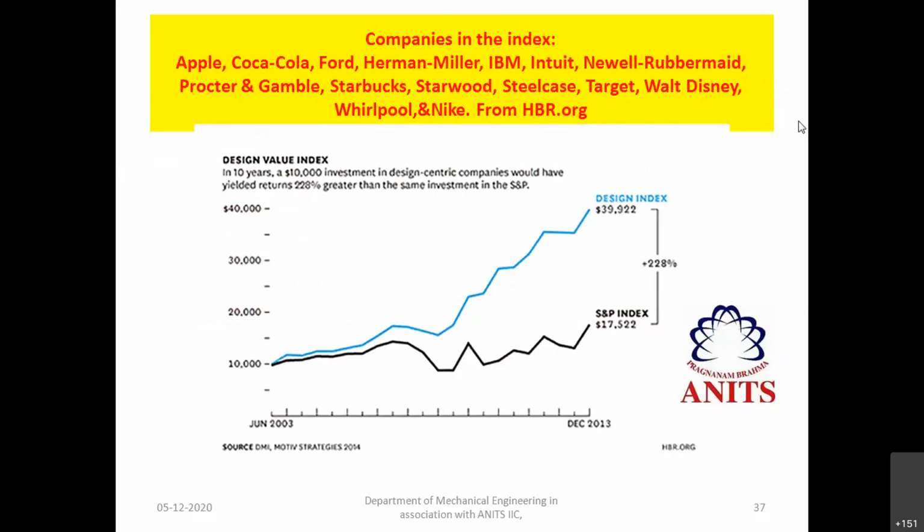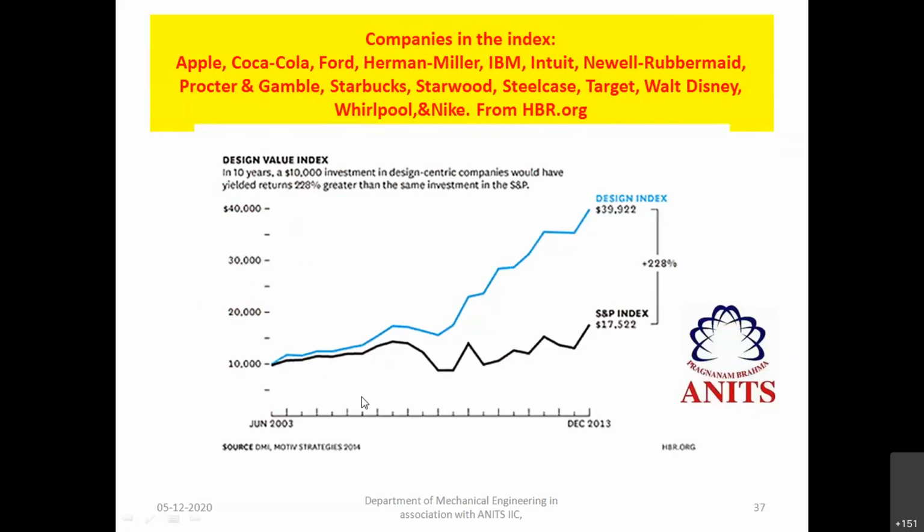I'm trying to close with the last topic, the last slide of the presentation: companies in the index. This is going to be one of the questions in your feedback. There are companies like Apple, Coca-Cola, Ford, Herman Miller, IBM, Nike, and many more. If you want to go through it, there is a website also.